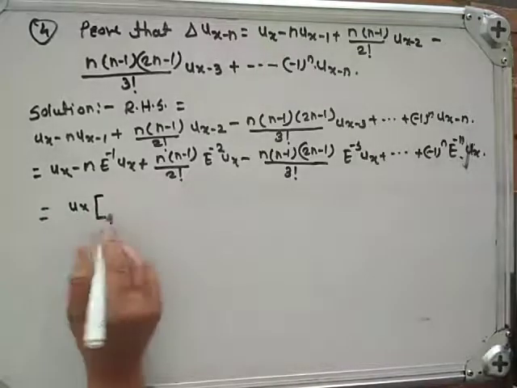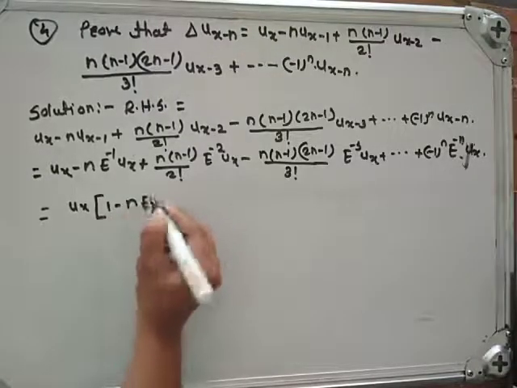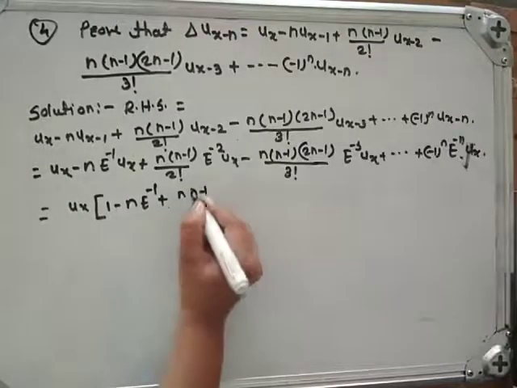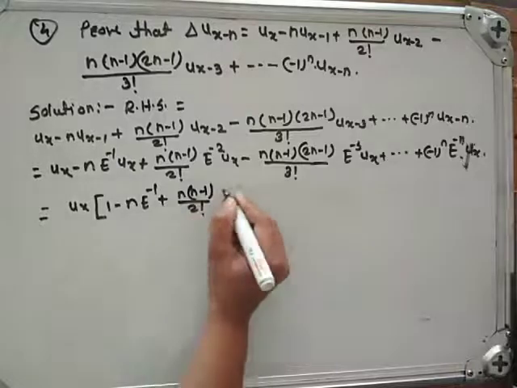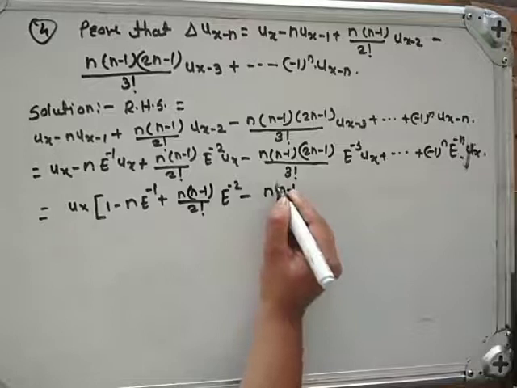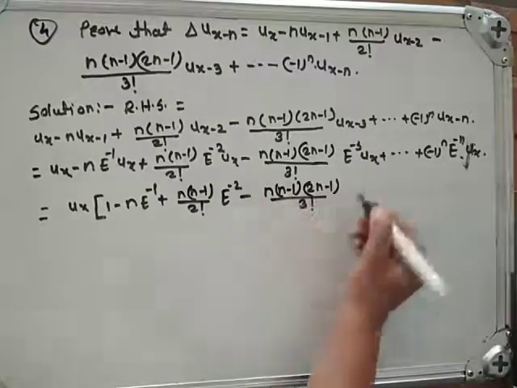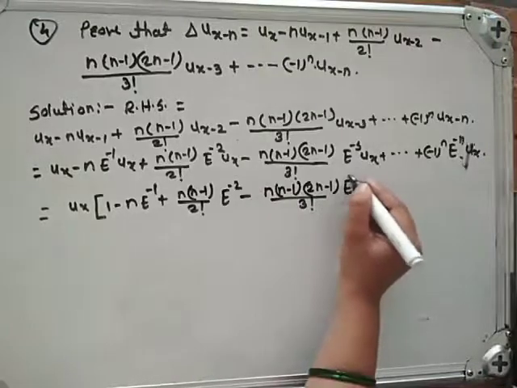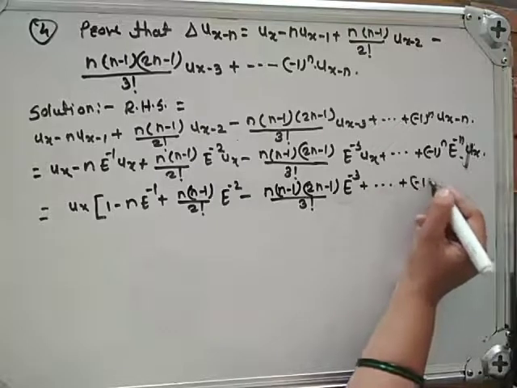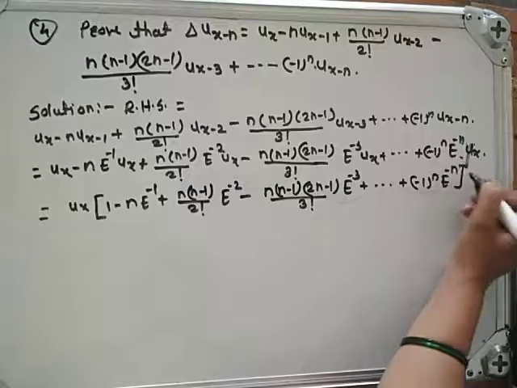We get u_x in bracket remains 1 minus n into e inverse plus n into n minus 1 upon 2 factorial e raised to minus 2 minus n into n minus 1 into n minus 2 upon 3 factorial into e raised to minus 3 plus and so on plus minus 1 raised to n into e raised to minus n.